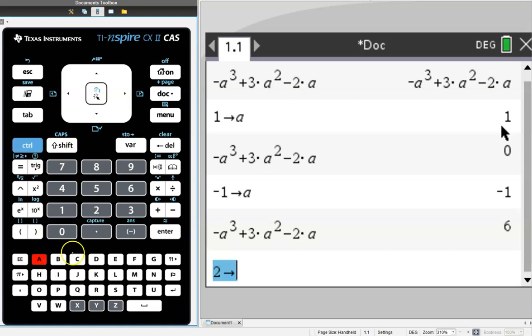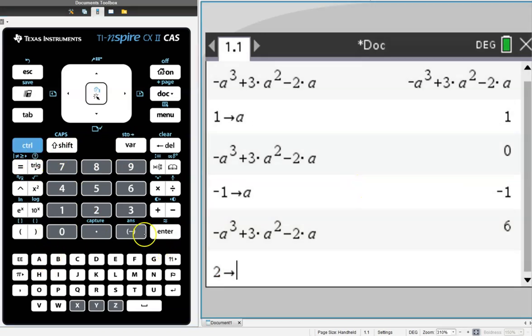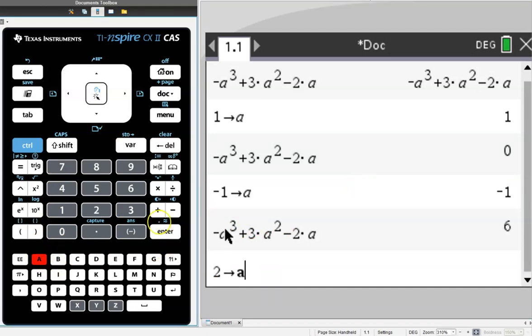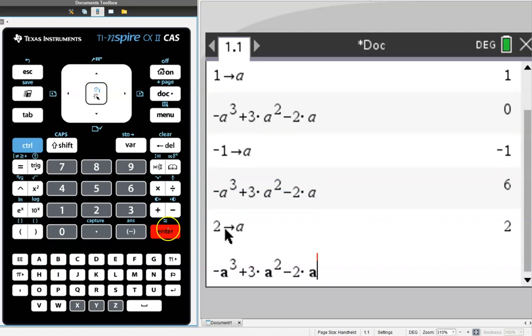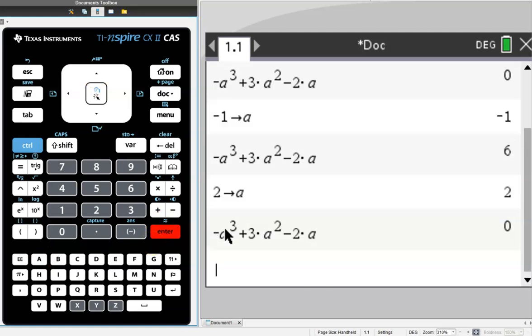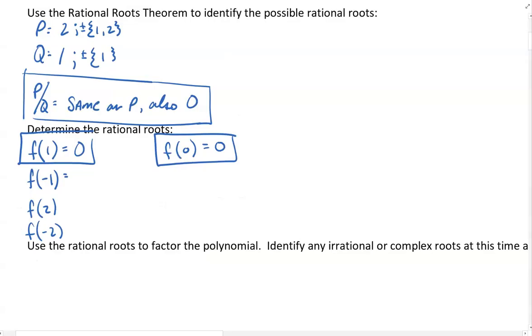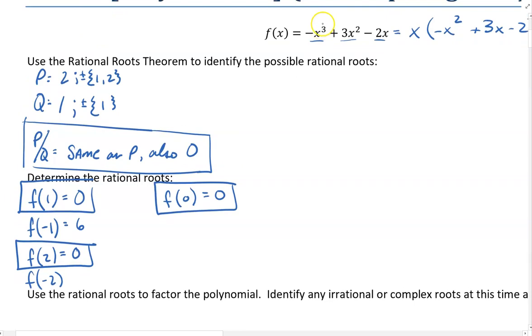Store that as A. Call the last equation, and we get another 0. I can stop there because this was equal to 6, this was equal to 0. That's my third zero, and we also should recognize that from the beginning there are only 3 zeros after all, so there's no need to test this last one.